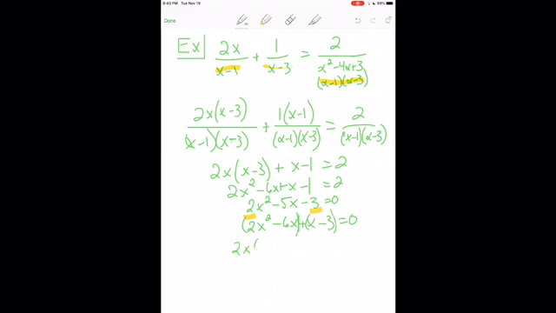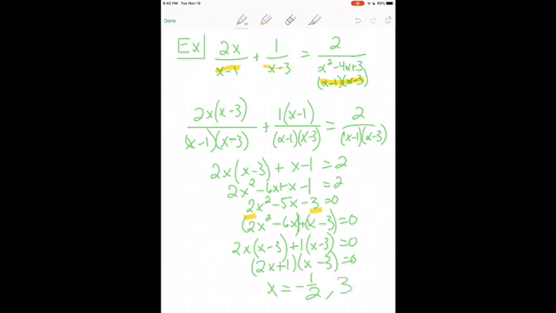So we can factor out 2x and we're left with x minus 3. And we can factor out 1 and we're left with x minus 3. That's equal to 0. So this is 2x plus 1 times x minus 3 is equal to 0. And finally solving, we can say x equals negative 1/2 and 3.